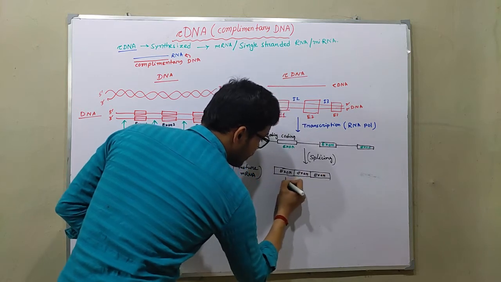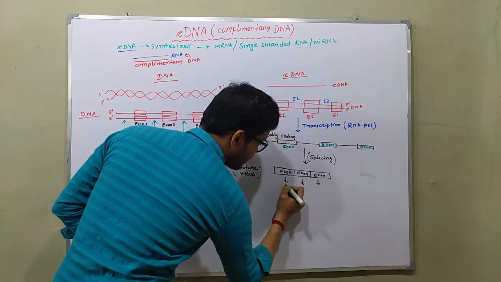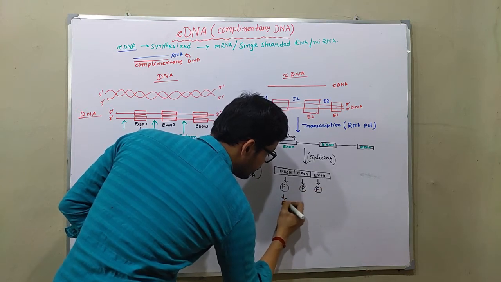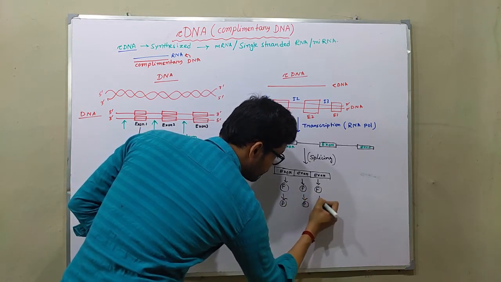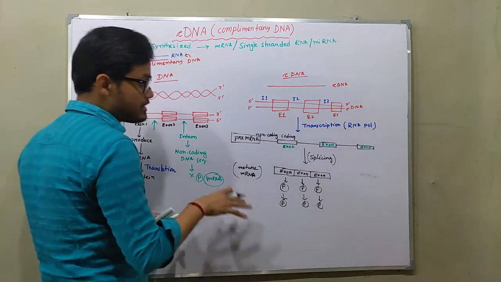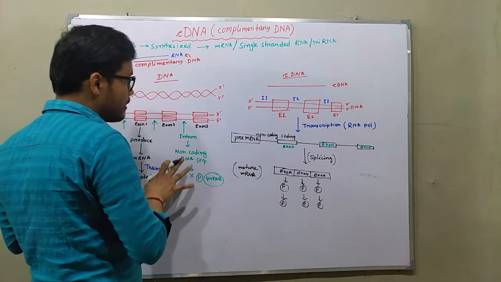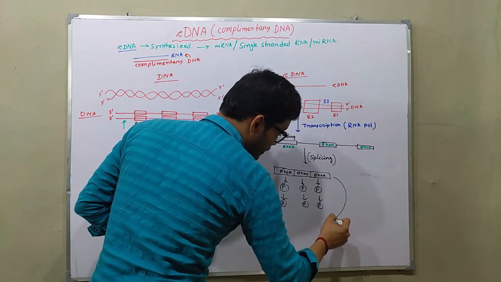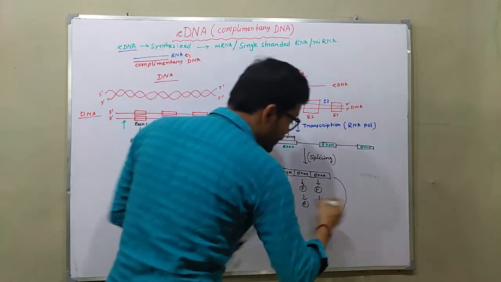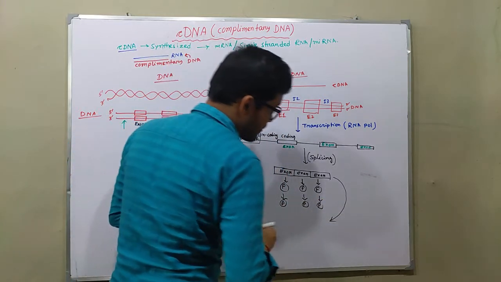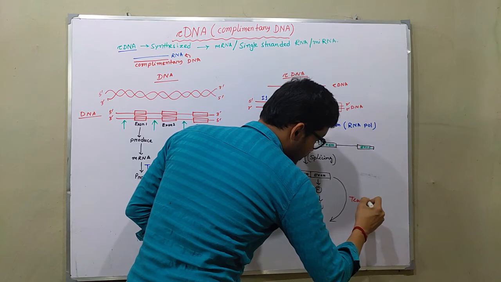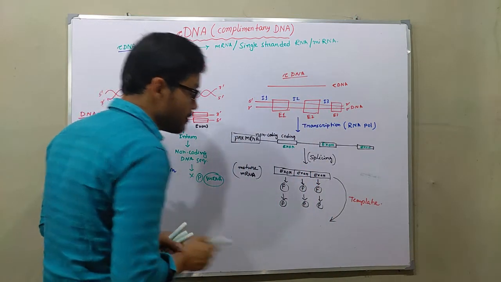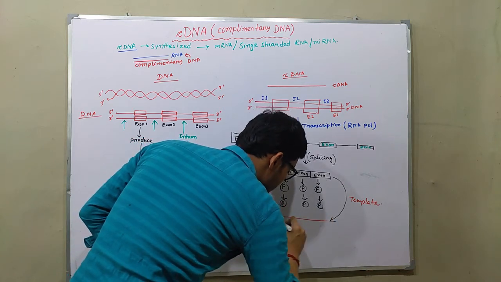These 3 are all functional portions, and we can get protein from here. This is the basic difference between mRNA and DNA. When this mRNA is used as a template, with the help of the reverse transcriptase enzyme we get a structure of cDNA.